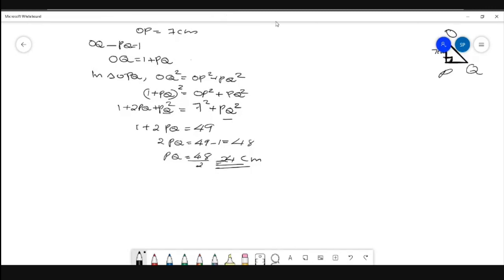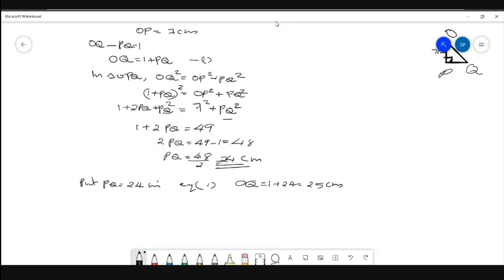This one equation number 1, and put PQ equal to 24 in equation number 1. We get OQ equal to 1 plus 24, that is 25 centimeter.